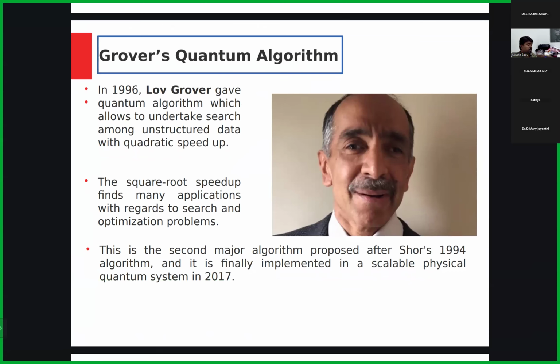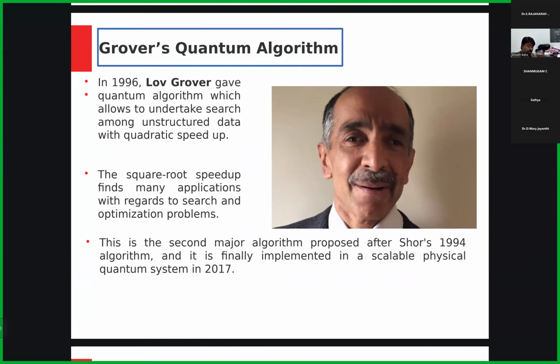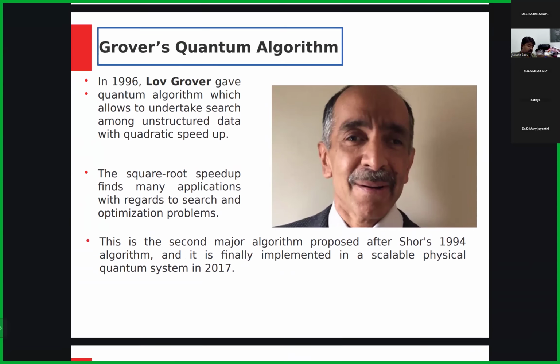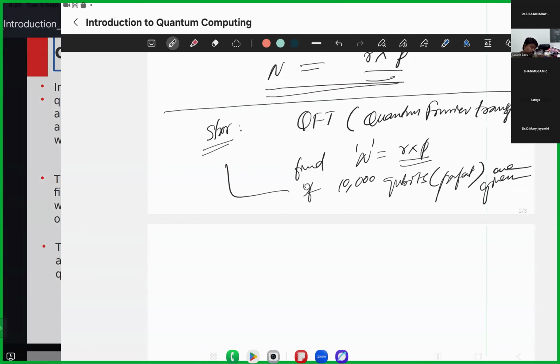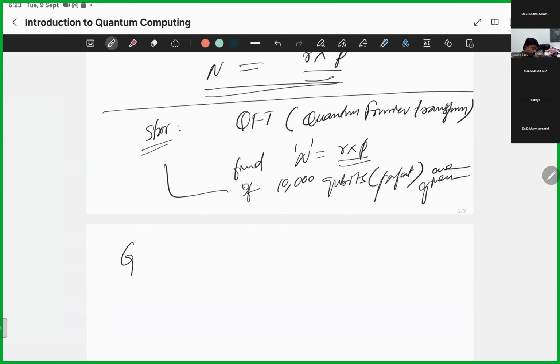Okay, the next one is Grover's algorithm, given in 1996. What Grover did is he used the idea of vectors, simply the rotation of vectors. Grover, Lov Grover, is from India.